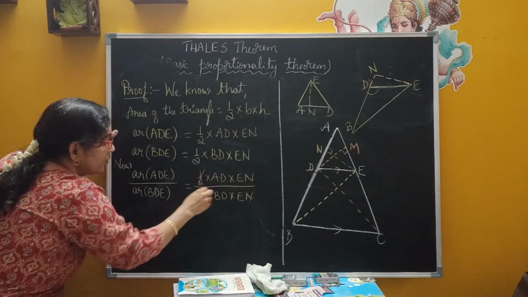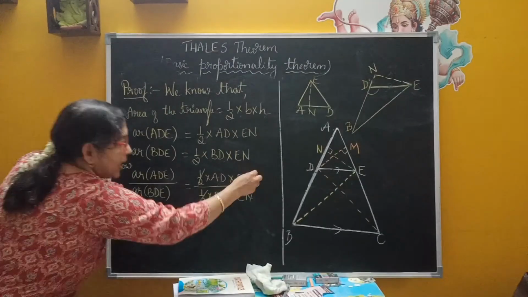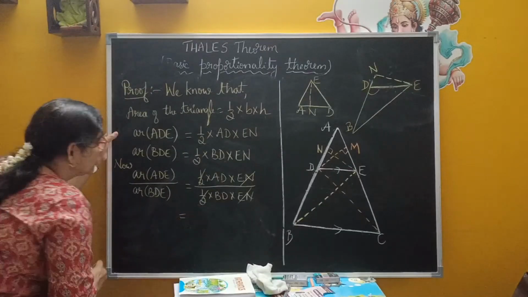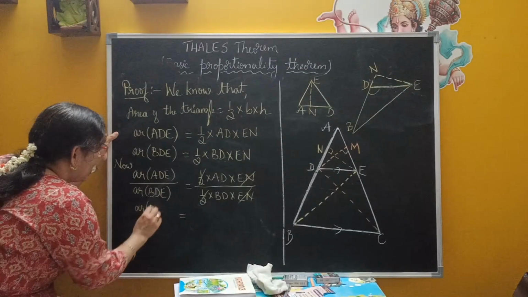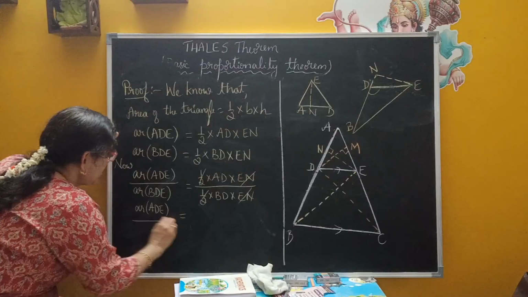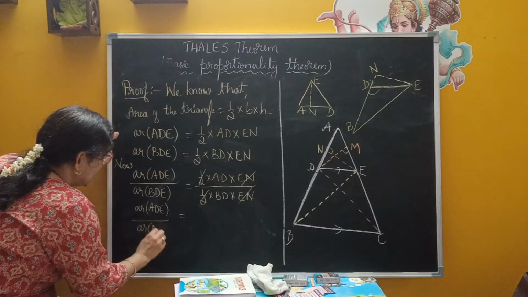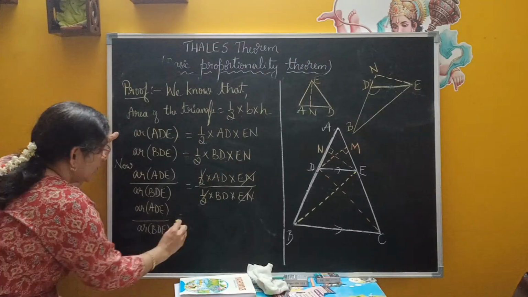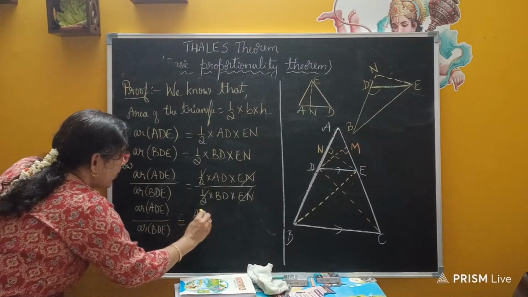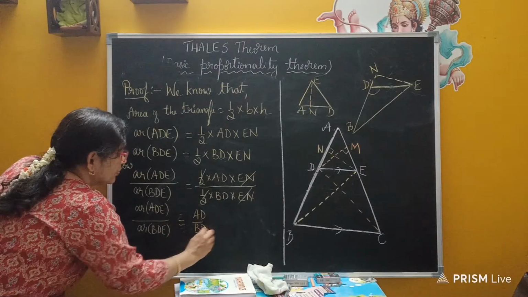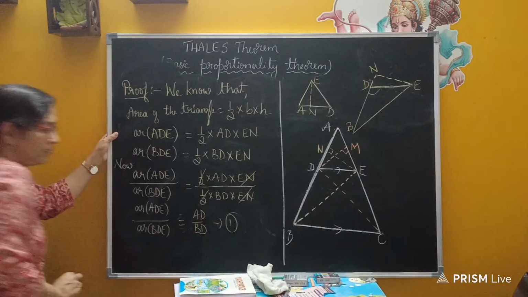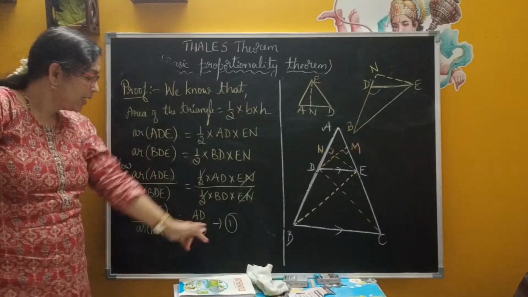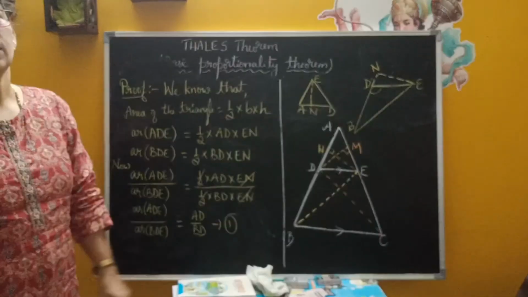So half gets cancelled, EN gets cancelled. What do we get? Area of ADE by area of BDE is equal to AD by BD. Only AD and BD remain. This is equation 1.